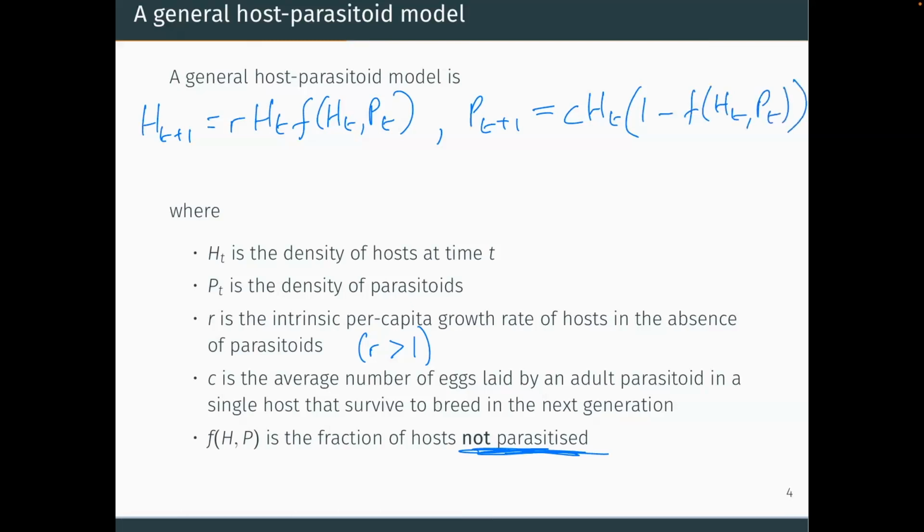It seems a little bit round the wrong way: f is the fraction of hosts not parasitized, and 1 minus f is the fraction of hosts that are parasitized. So the fraction of hosts parasitized, total number of hosts, and eggs per host will give you the number of parasitoids in the next generation. Here, hosts that essentially are not killed by the parasitoid, and also a growth rate for those hosts.